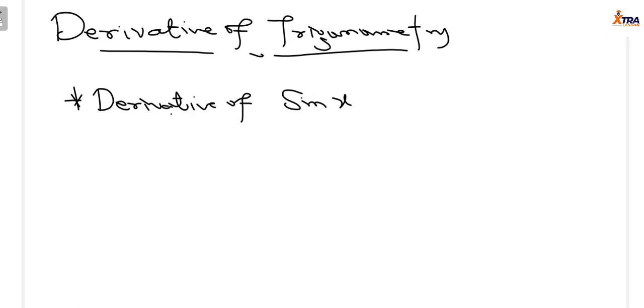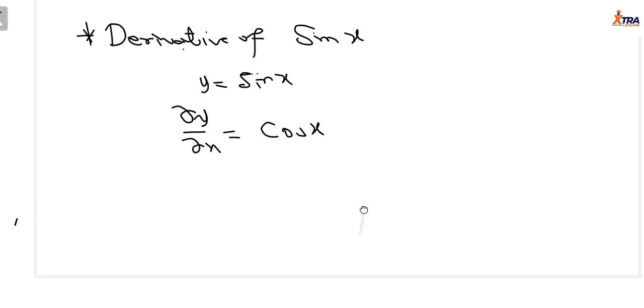So derivative of sine x, when you have y equals to sine x, the dy over dx, if you differentiate sine x, you have cos x. So differentiating sine x will give us what? Cos x.